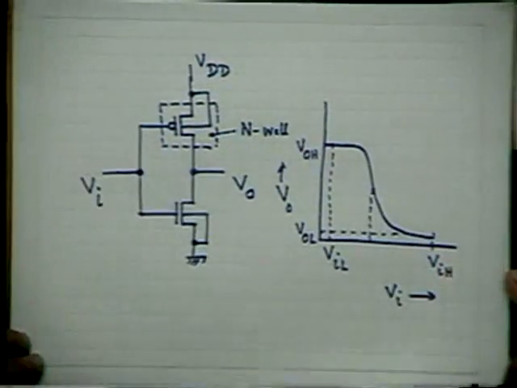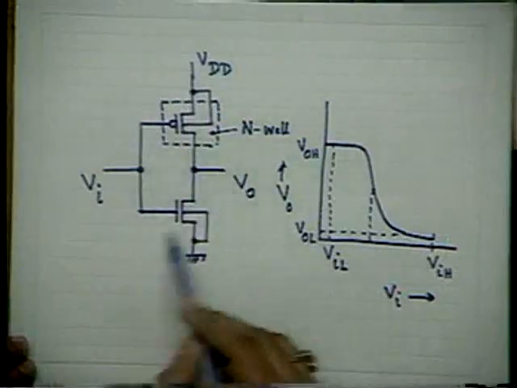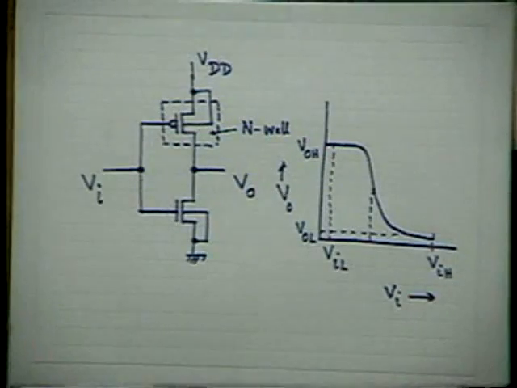Okay, you see that this is the basic circuit of the CMOS inverter, a single CMOS inverter.